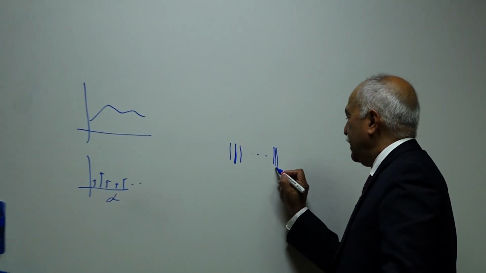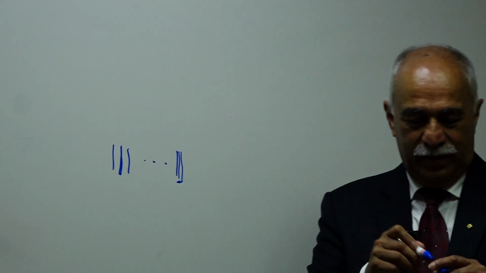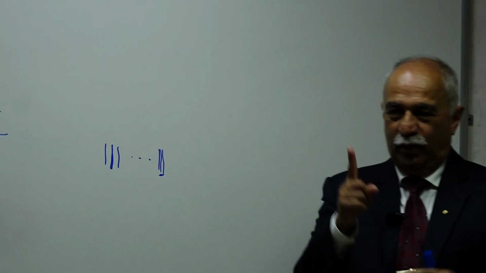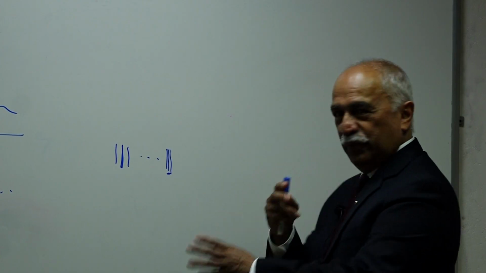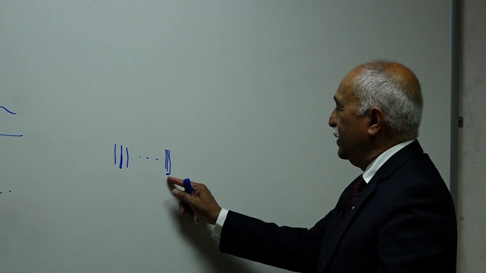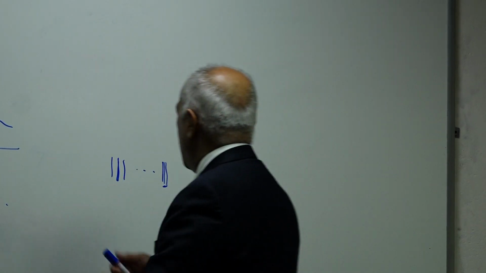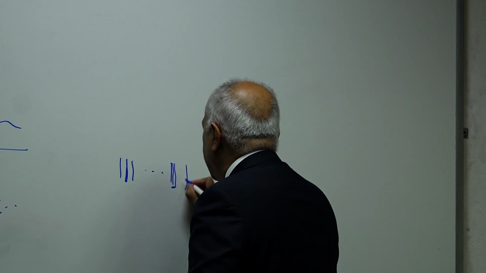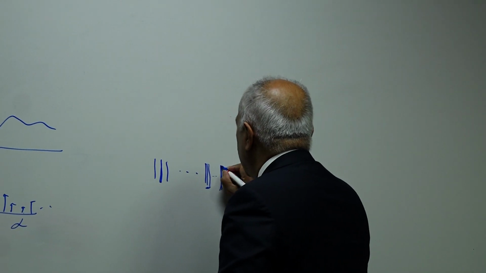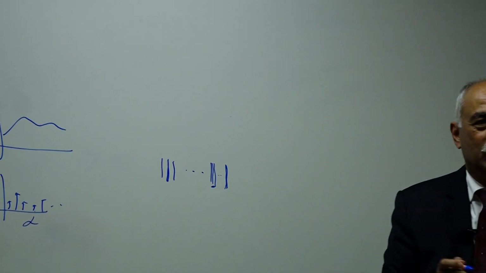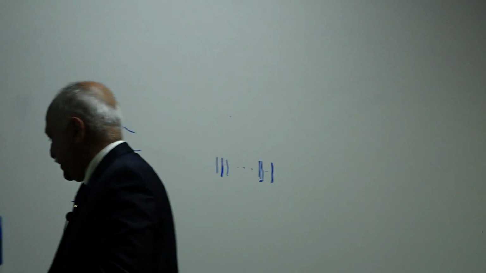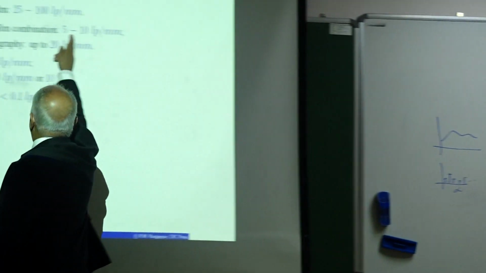So how many of these pairs of black and white, a wire and no wire, will give you black and white? What is that line pair per millimeter that you can detect? This is possible, but eventually when you have very thin lines, they will all merge into one blur. So that is line pairs per millimeter.